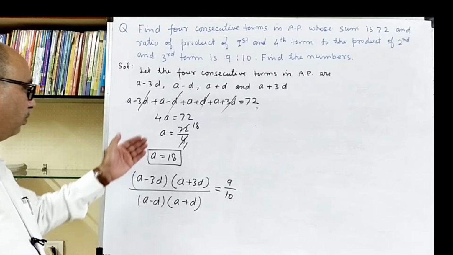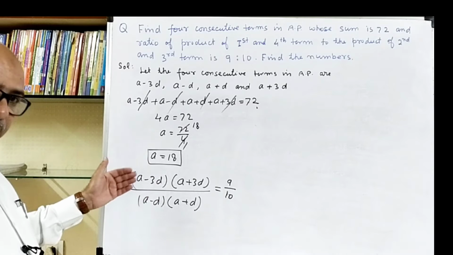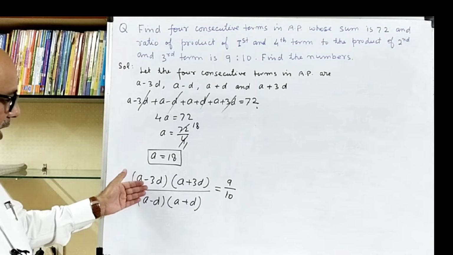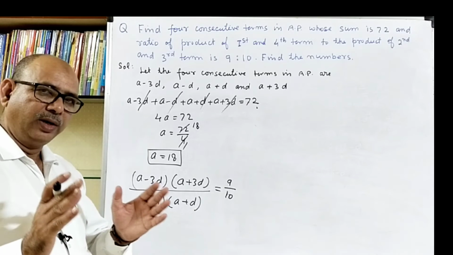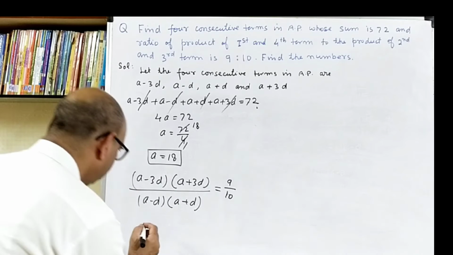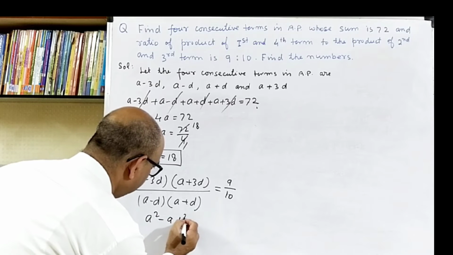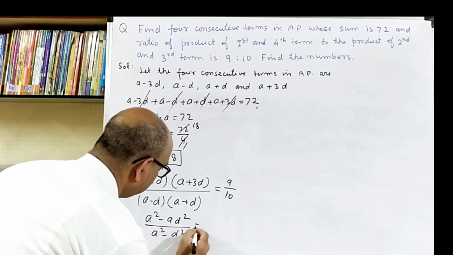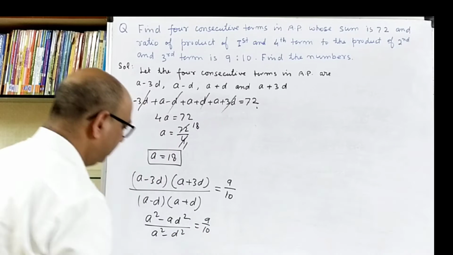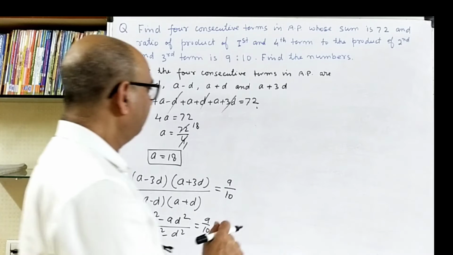We can substitute the value of a, or let's first simplify it. It is in the form a minus b, a plus b, which is equal to a square minus b square. Here we can write down a square minus 9 d square divided by a square minus d square is equal to 9 by 10.